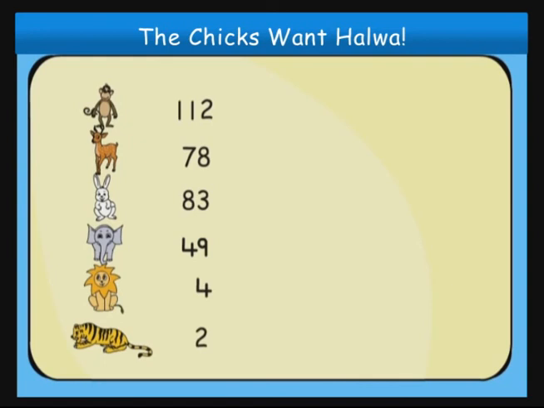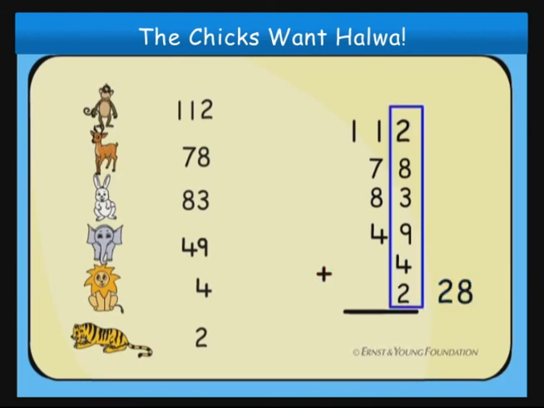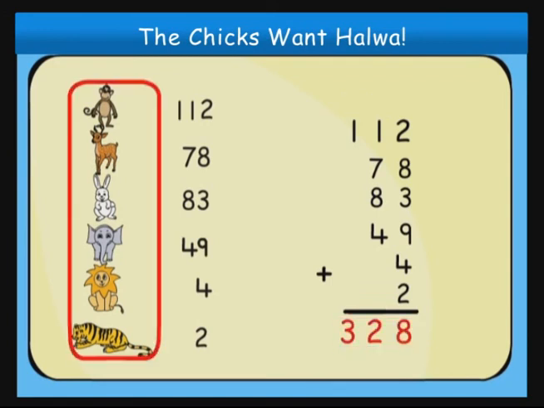How many animals are there in all? 328. There are 328 animals in all.